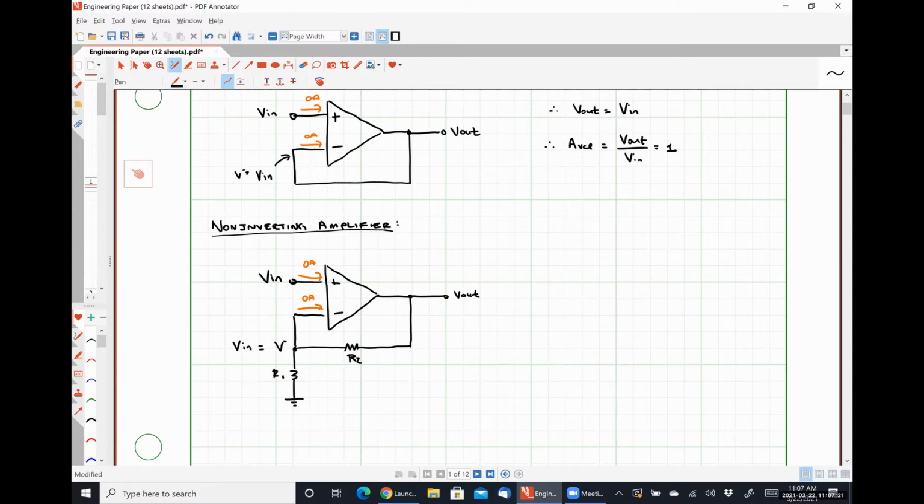I can use voltage division, and I can say that Vin is exactly equal to Vout multiplied by R1 over R1 plus R2.